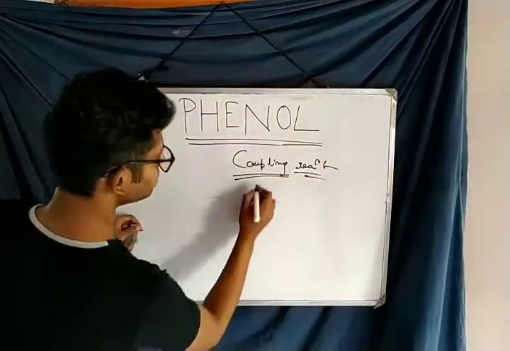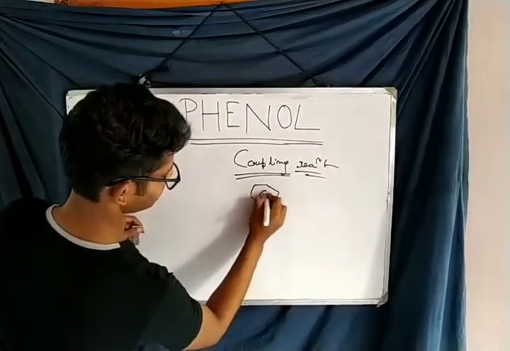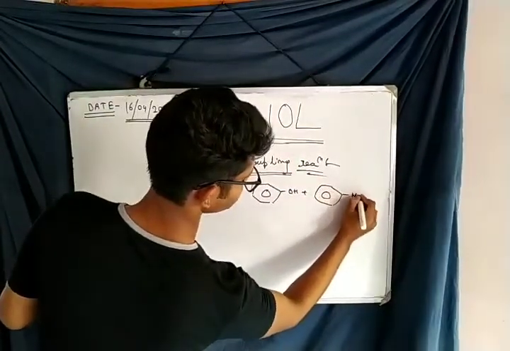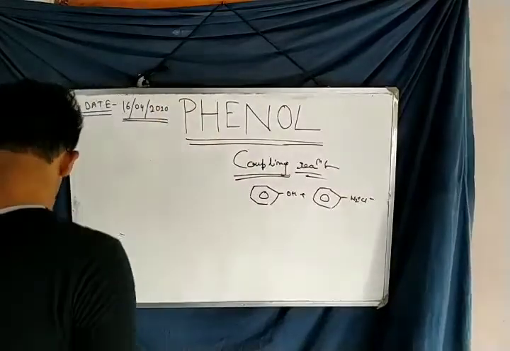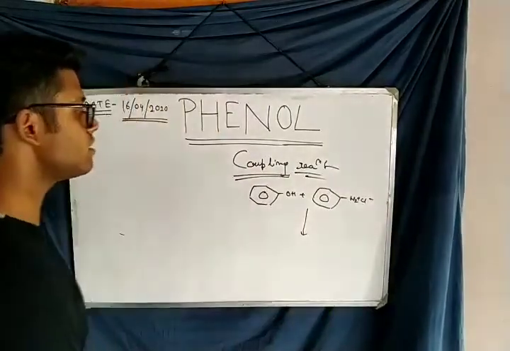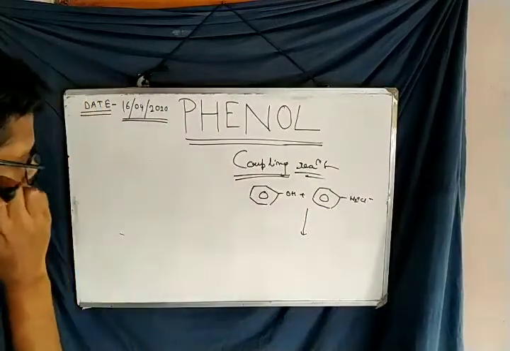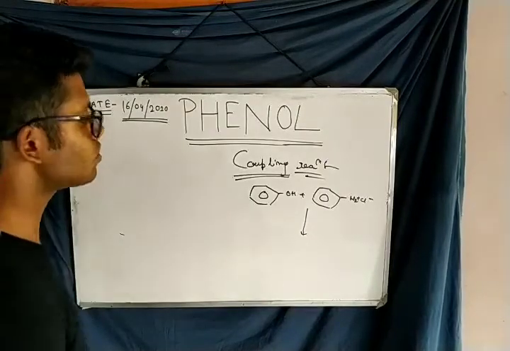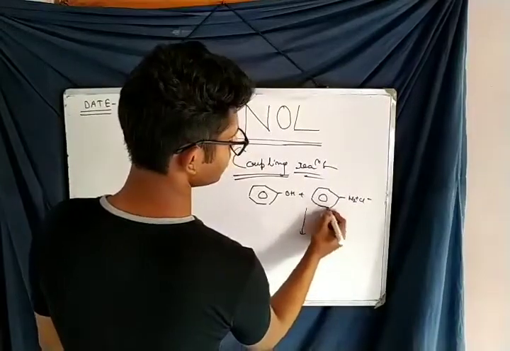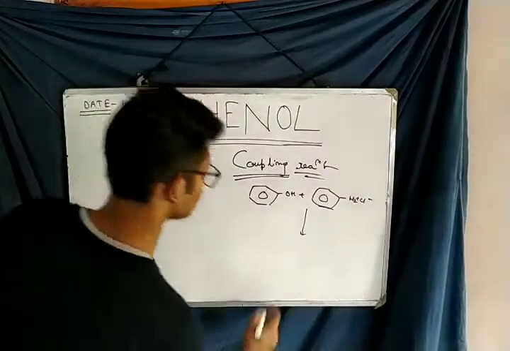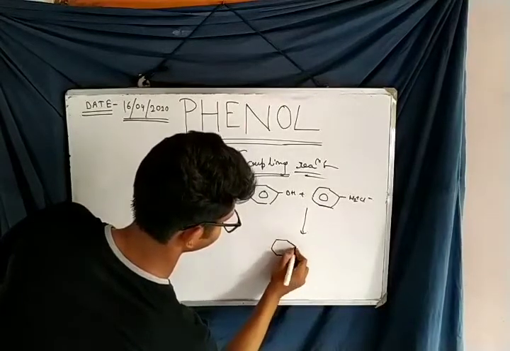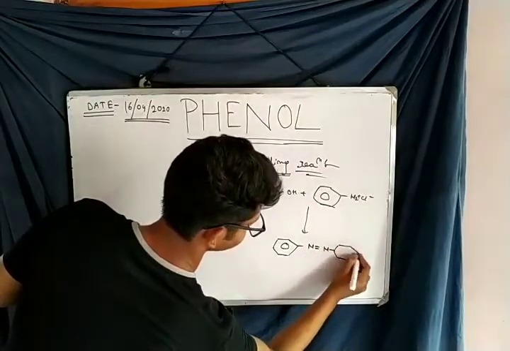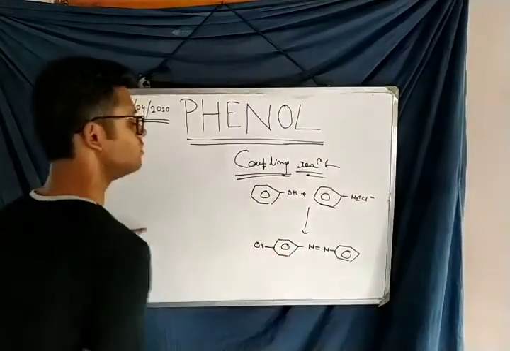When phenol reacts with a diazonium salt, N2+ Cl-, the compound yielded from this reaction contains a double bond, N double bond N. This compound can do a coupling.